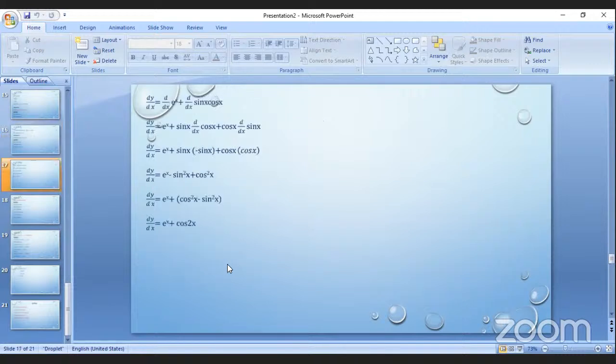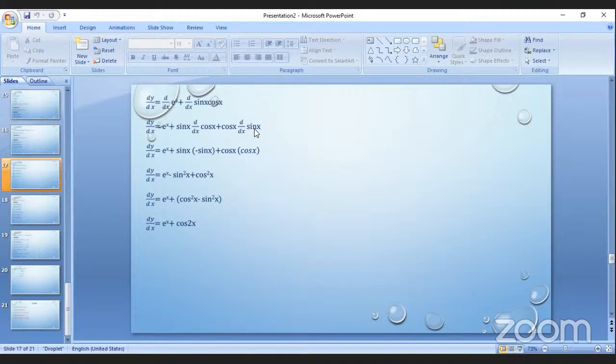By the formula, dy by dx equal to d by dx of e power x, which is e power x. Applying the UV rule, sin x into d by dx of cos x plus cos x into d by dx of sin x.